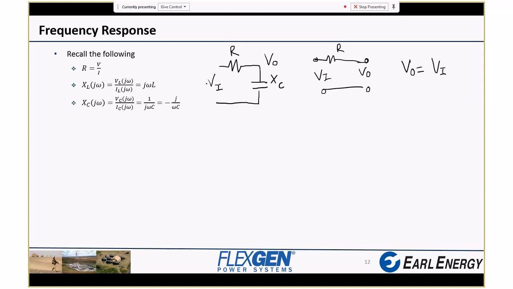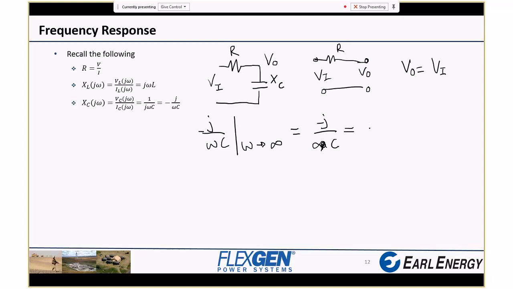All right, well, let's consider then high frequency, let's say omega approaching infinity. In that case, you get negative j over infinity times C. A number over infinity is, in math terms, undefined, but I don't care.